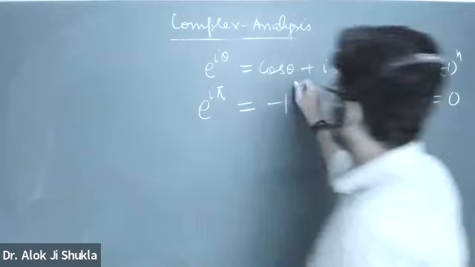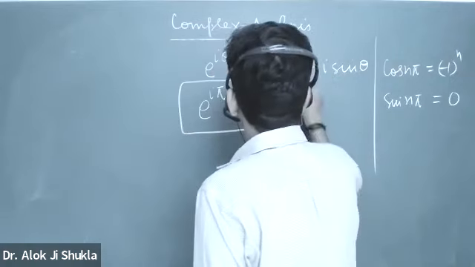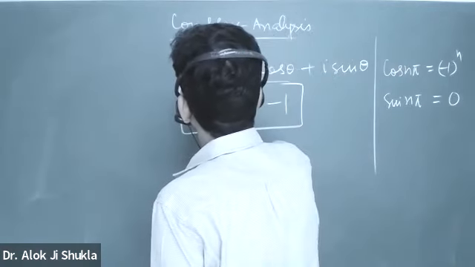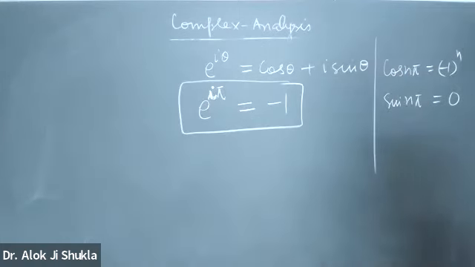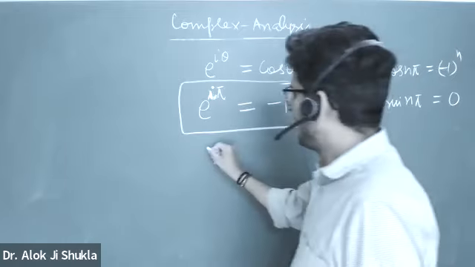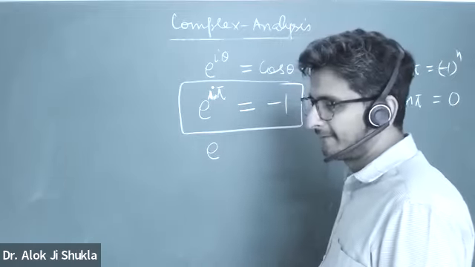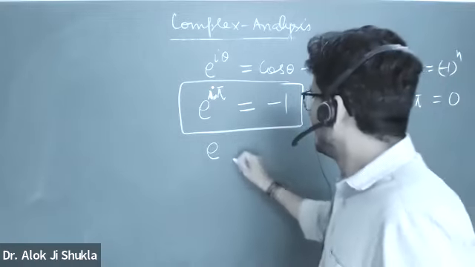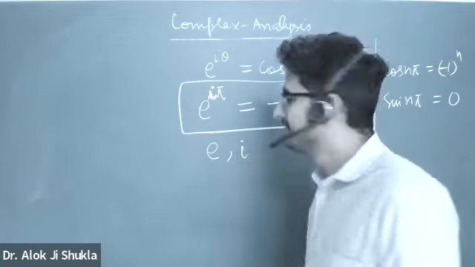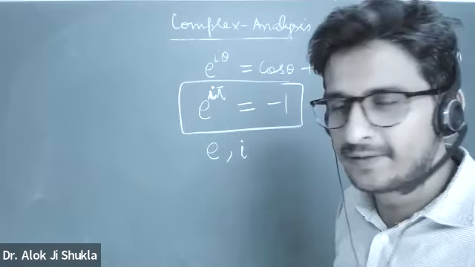Now see this equation. This equation is so strange. It consists of exponential, the fundamental of mathematics, everywhere it appears. It consists of imaginary number, iota.